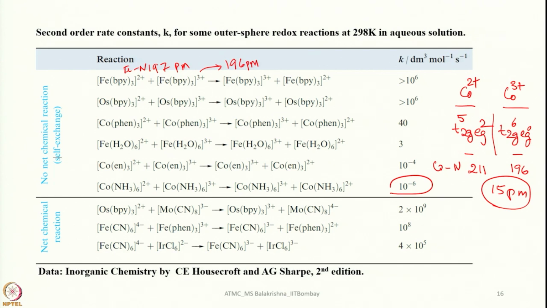That means when you have dissimilarities in the bond lengths of two species between which electron transfer has to occur, we have to prepare them to have moderate or very similar bond distances in both the species. This we have to prepare for eventual electron transfer, and such an intermediate transition state we generate is called the encounter or precursor complex.